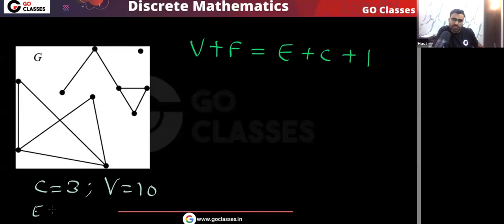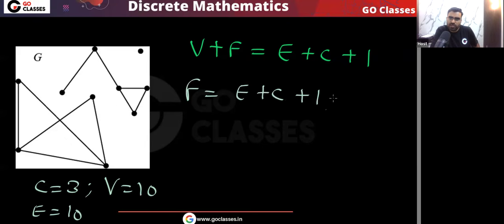Number of edges: 1, 2, 3, 4, 5, 6, 7, 8, 9, 10. So the number of edges is 10. From here you can see F will be equal to E plus C plus 1 minus V, and that will be equal to 4. You can easily calculate. Please tell me, did you understand? Let me know. So like this you can do.